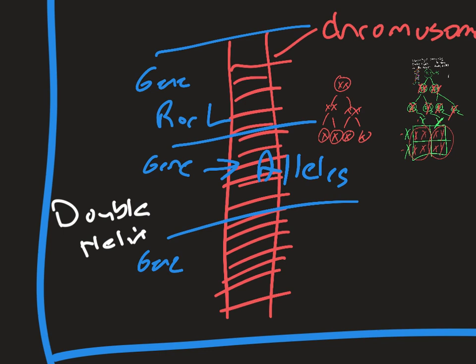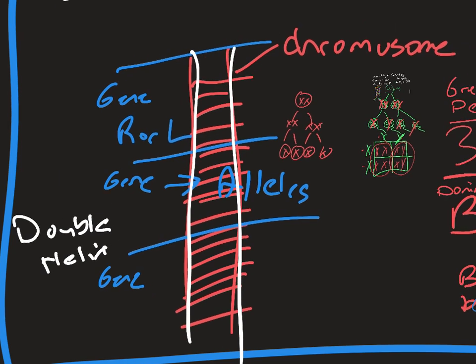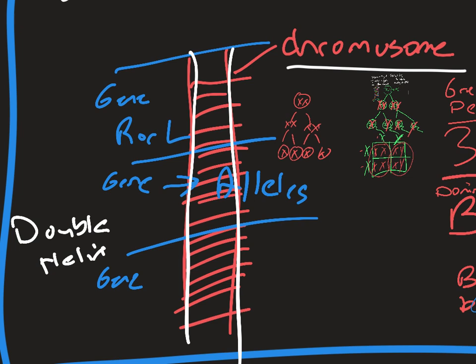Our DNA, human DNA, most all other advanced organisms' DNA is in a strand. One single strand, this whole piece, is what we call a chromosome. So that whole thing, one piece of DNA, is called the chromosome.